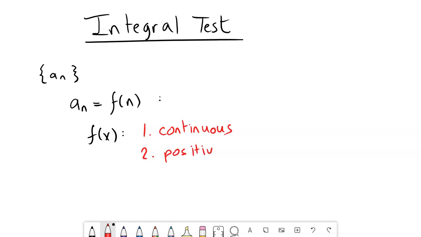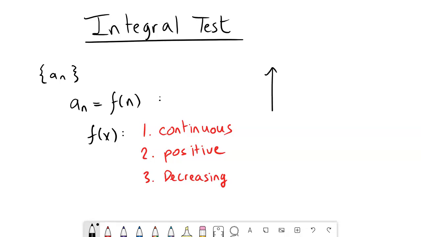It can never dip down to the negative y-axis, or it can never have a negative value at all. And 3, it must always be decreasing, which is kind of a weird condition, because if it's always positive and decreasing, how does it not end up in the negatives as we go into infinity?